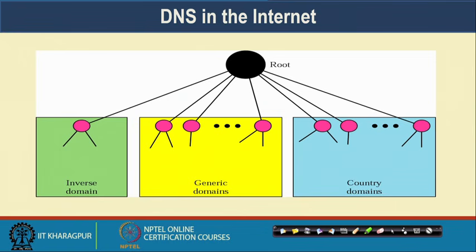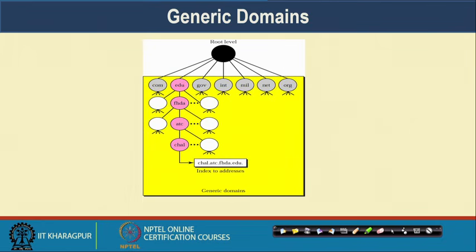These are all domain name to IP. If the inverse is required, IP to domain name, then we have an inverse domain database, or an inverse domain server which does inverse domain resolution.